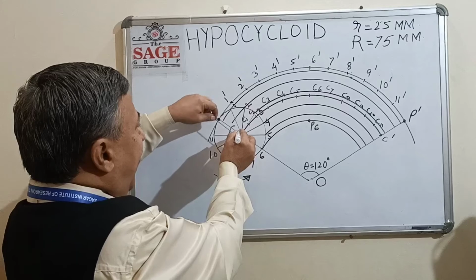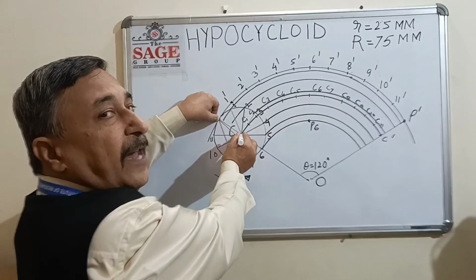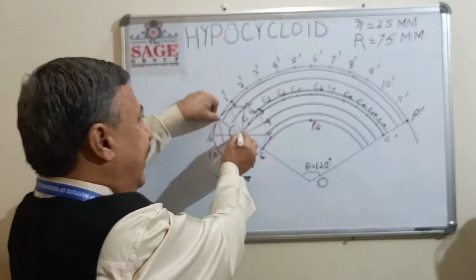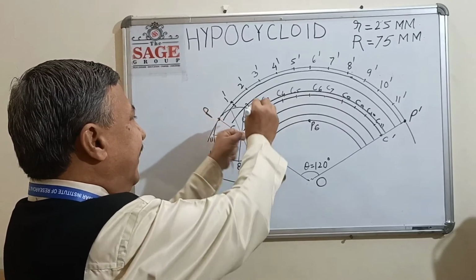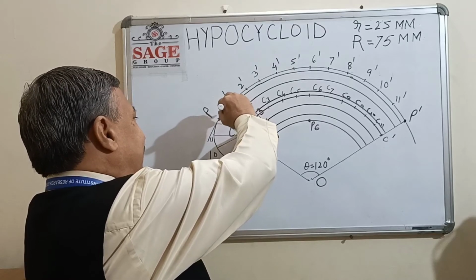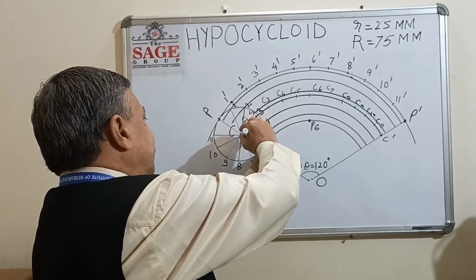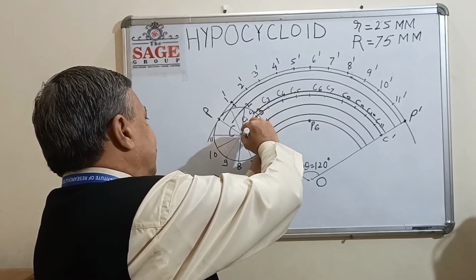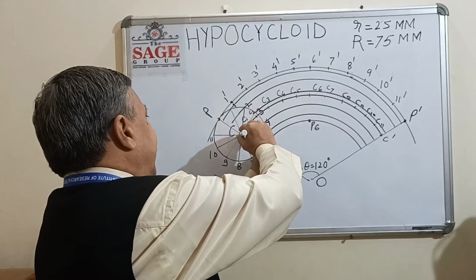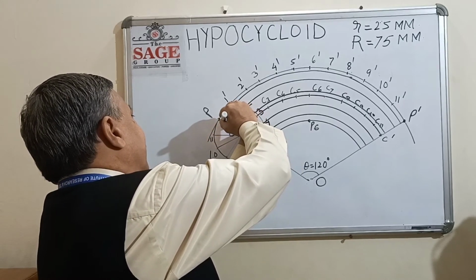So taking small r radius in your compass, now the center is C1. See this, center C1 and intersect one arc. This is the radius, center C1 and one arc here.